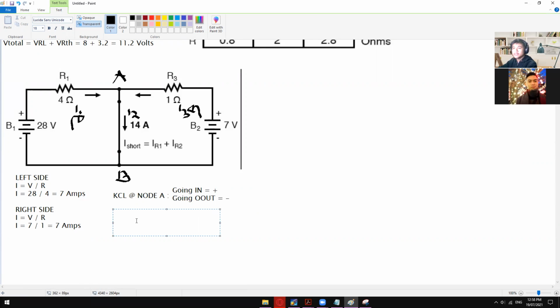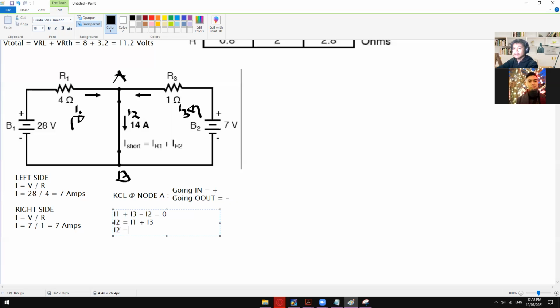As you can see, we have I1 going in, and I3, which is also going in. So I1 plus I3 minus I2 is equal to 0. The one that we are looking for is the I2, since that is the unknown. So I2 is equal to I1 plus I3.